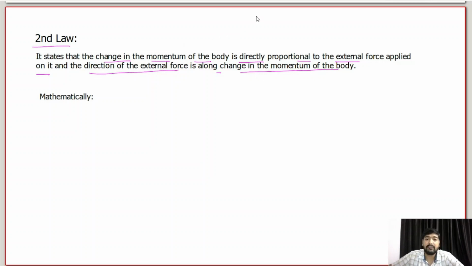Now, first we have to understand what momentum is. I think you all know about momentum. It is denoted by small p, and it is simply the product of the mass and the velocity of the body. It's also called linear momentum.